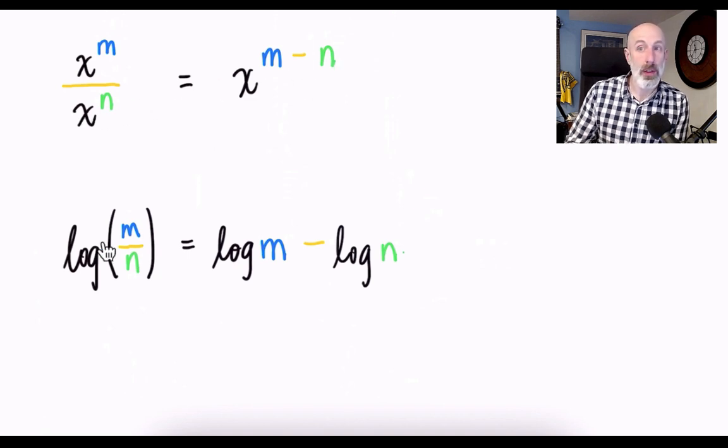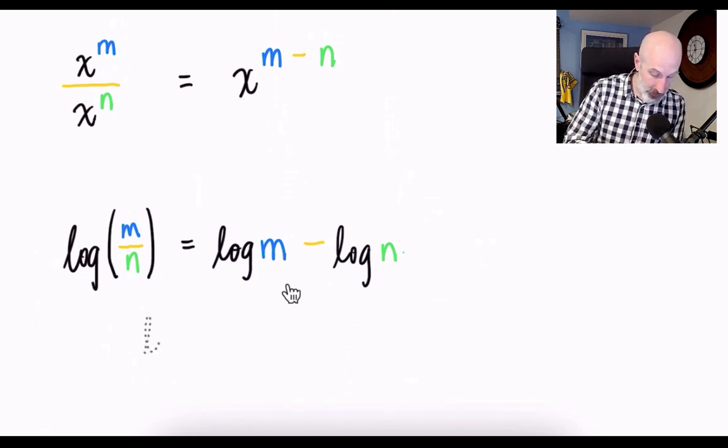Well, for logarithms, if we have a single log with the argument as a quotient, we can take the numerator and denominator, make them the arguments of separate logs, and then slap a subtraction sign in between them. So the same kind of deal of division turning into subtraction. And like with multiplication and addition, here we have 2 bases turning into 1. Here we have 1 logarithm turning into 2.